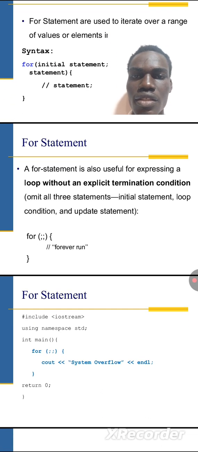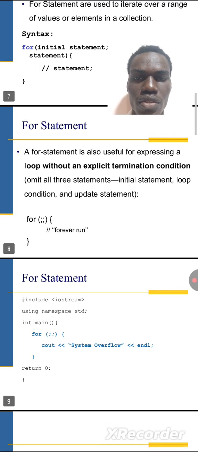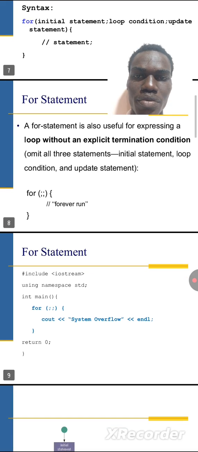The for statement is also useful for expressing a loop without an explicit termination condition, which means it can keep running forever.